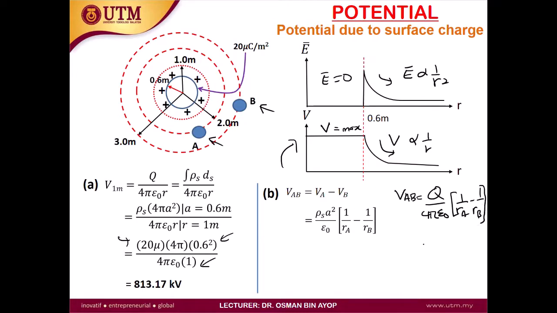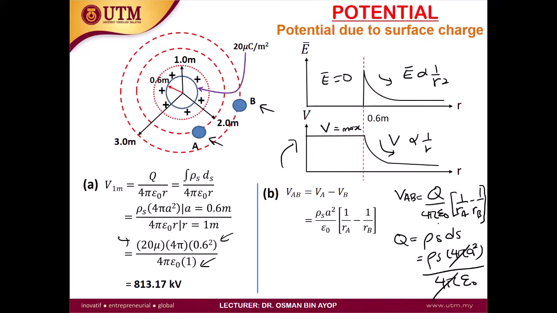In this case, your Q is equal to rho S dS equal to rho S 4 pi a square. And when you divide this Q by 4 pi epsilon naught, this can be cancelled out.